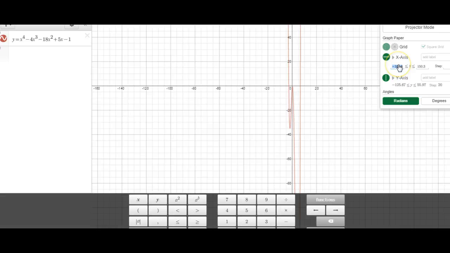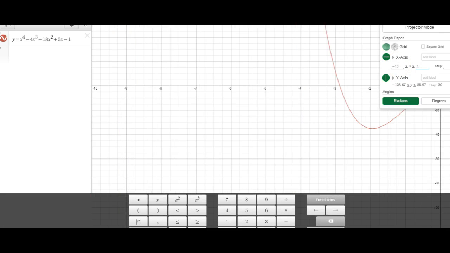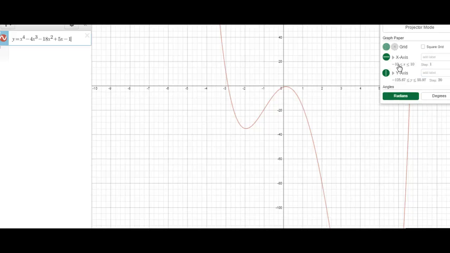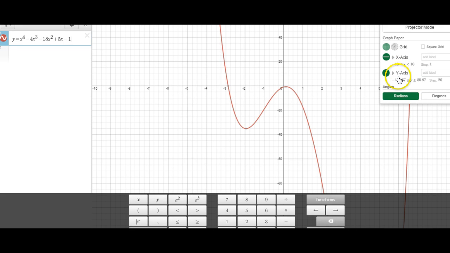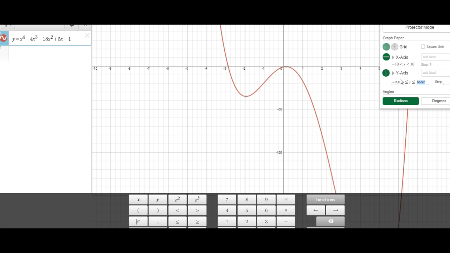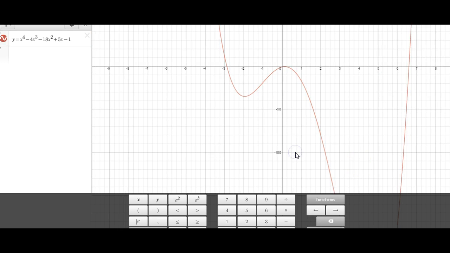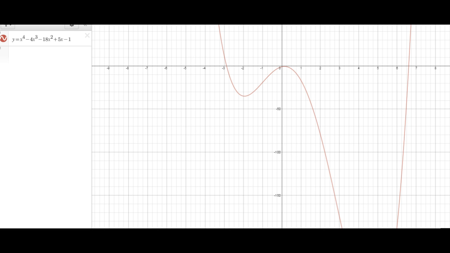Let's say we go x from maybe negative 10 to 10. Will that do it? Yeah, that's not bad. And what do we need to go down to? Negative 175? So let's go negative 200 to... We didn't really have to go that high, did we? Press the X.